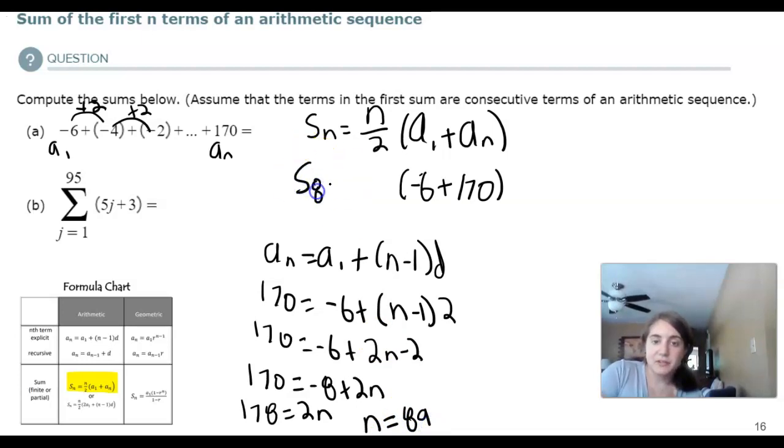So I'm adding the first 89 terms. And that makes this whole thing equal 7,298.